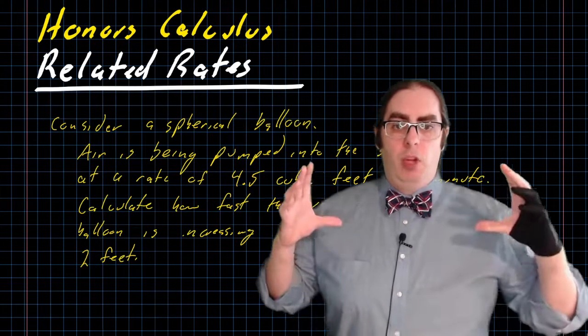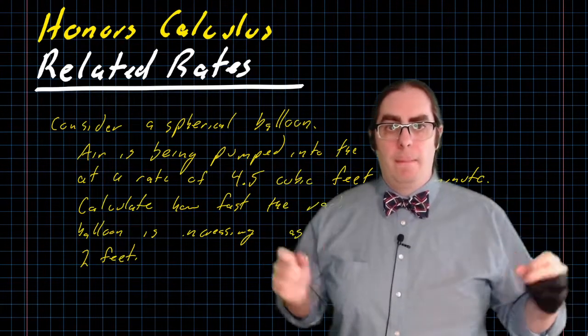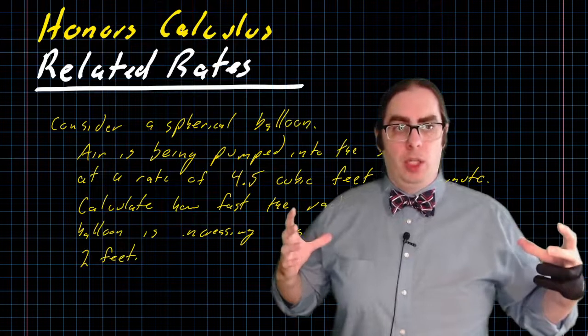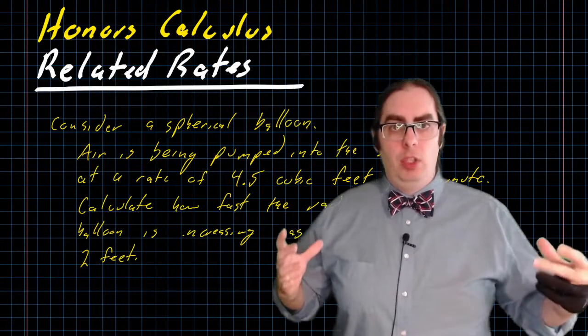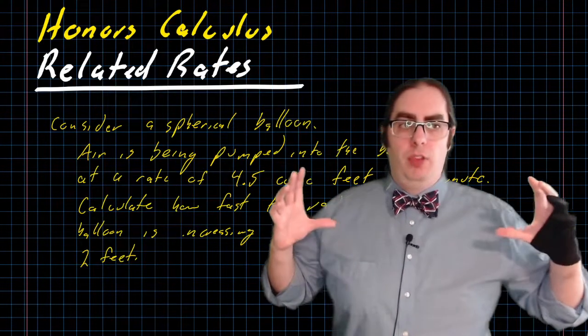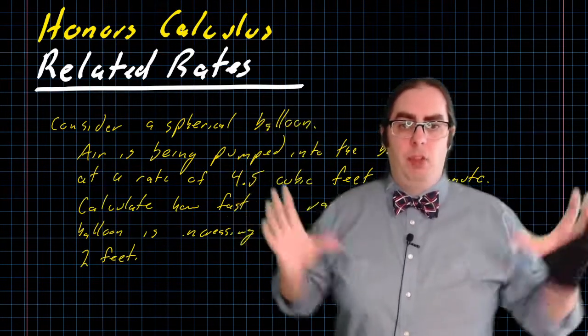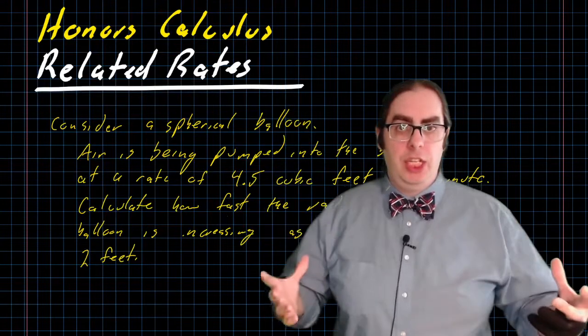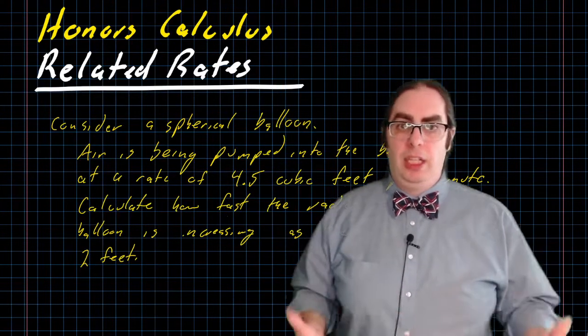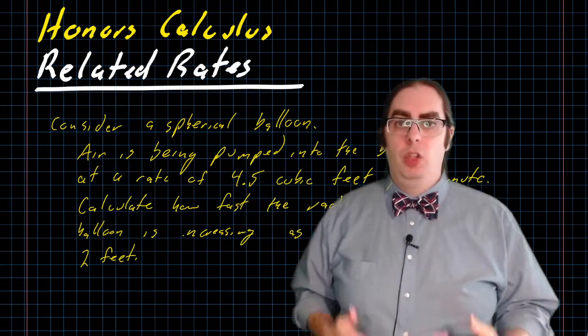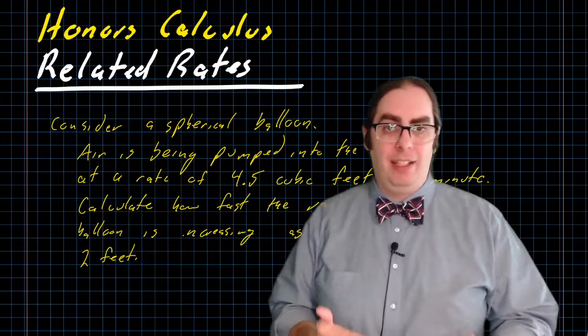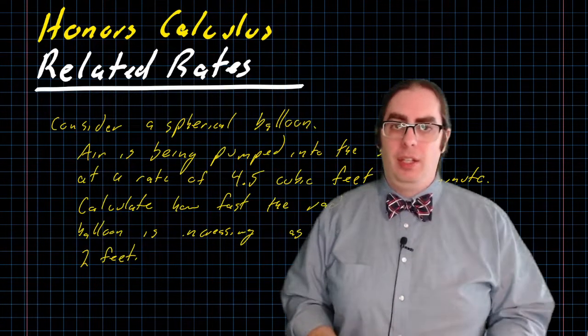Right. So the idea here is that the amount of volume change is constant. The volume is always increasing at the same rate. But as the balloon gets bigger, increasing the volume at the same rate is not going to cause the balloon to actually visibly grow any faster because the volume of the balloon compared to the change is going to be a changing ratio. So we want to see how that affects things, right?